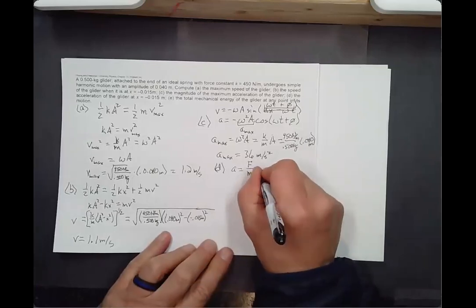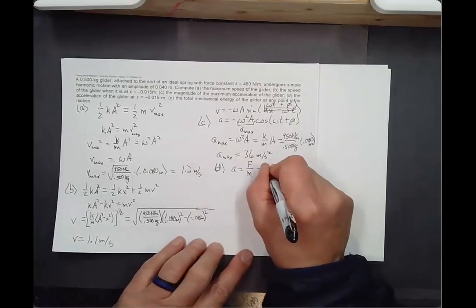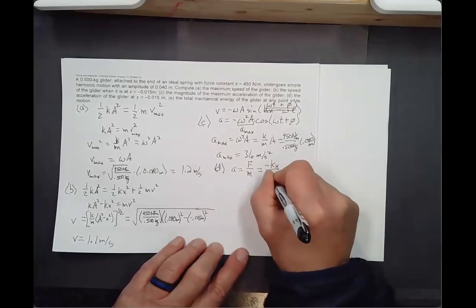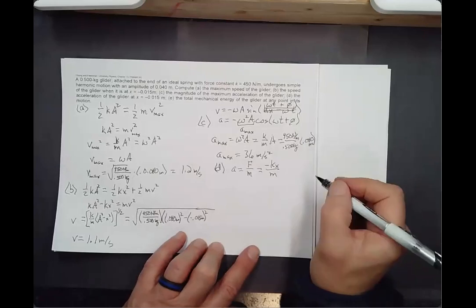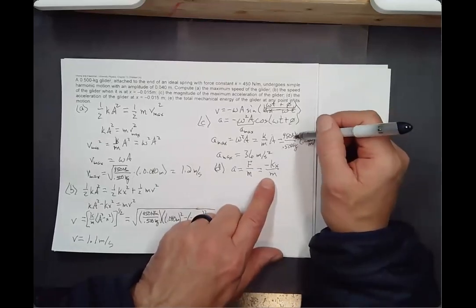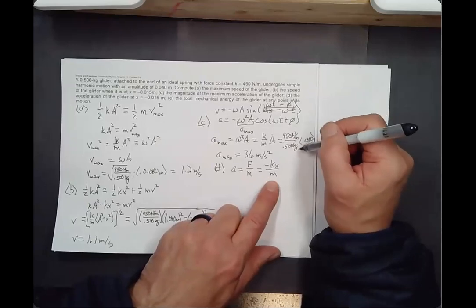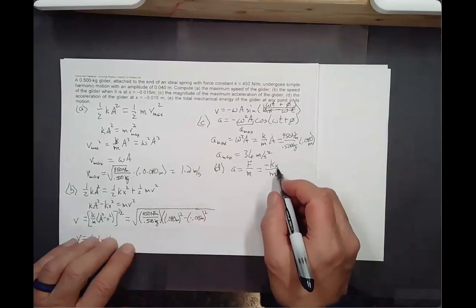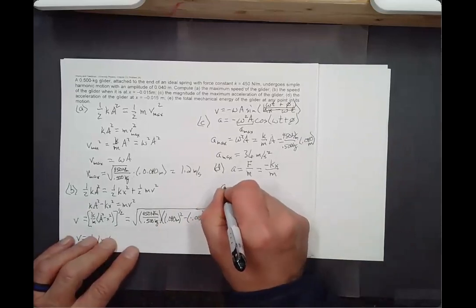The force is minus kx because it's a spring. The mass is what we know the mass to be. And the k over m is the same as this thing. It's that 900 per second squared is what the units end up being. And so we just have to multiply that by that distance x.